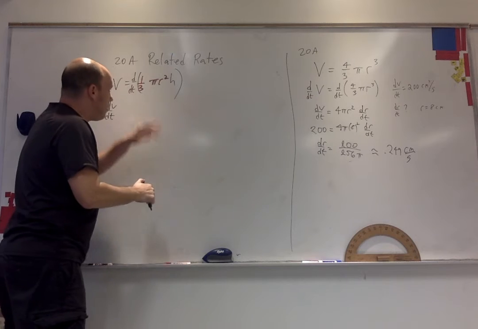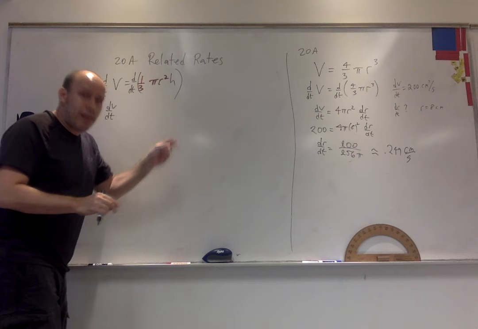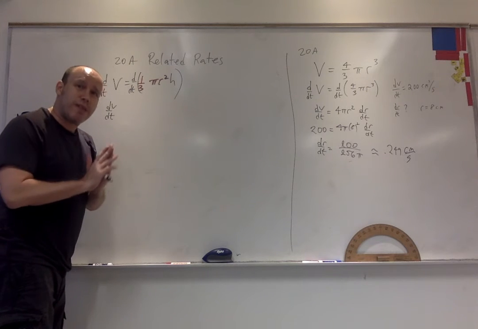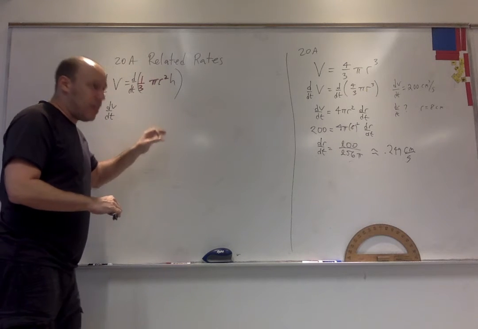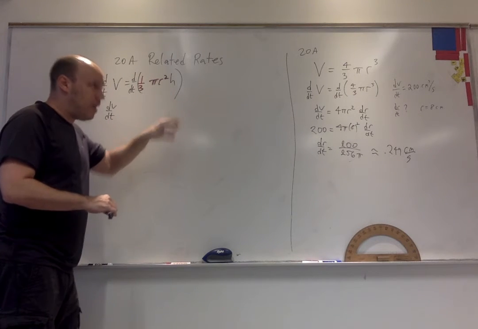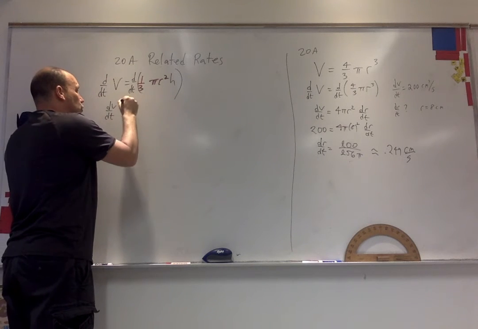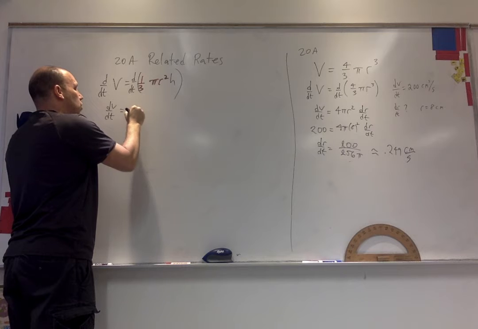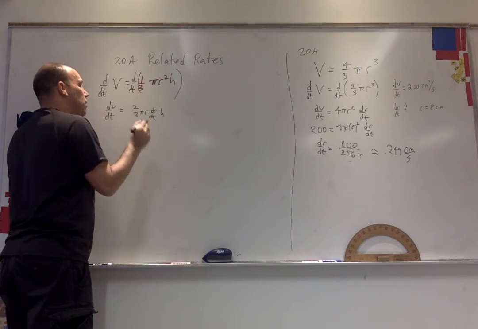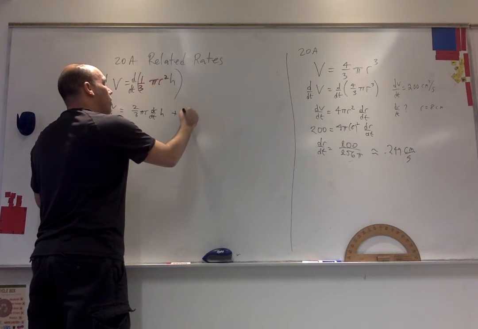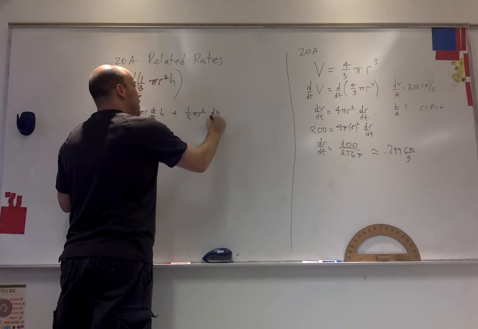On the right, I'm going to take the derivative of the first, keep the second, plus keep the first, derivative of the second. Derivative of the first: 2/3 pi r dr/dt h plus 1/3 pi r squared dh/dt.